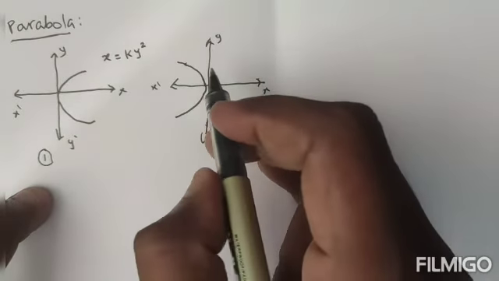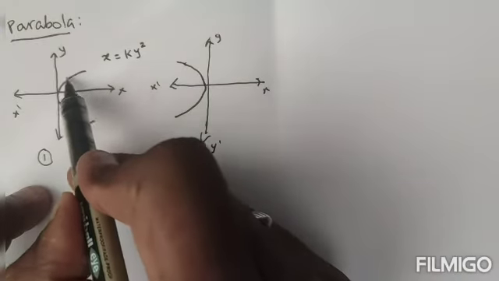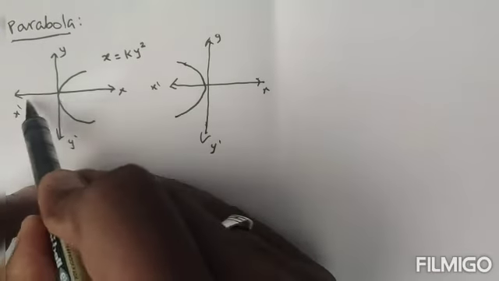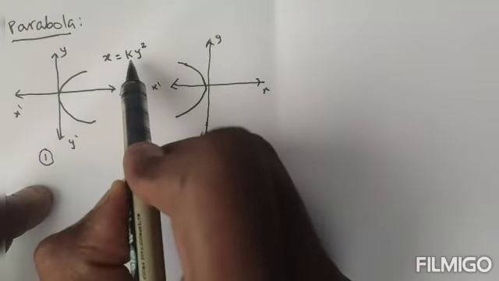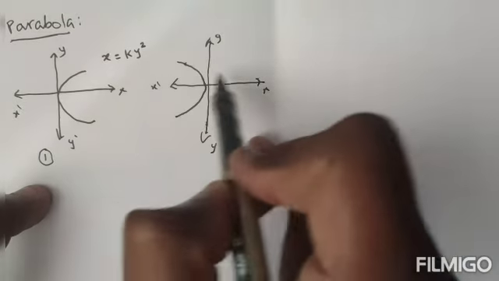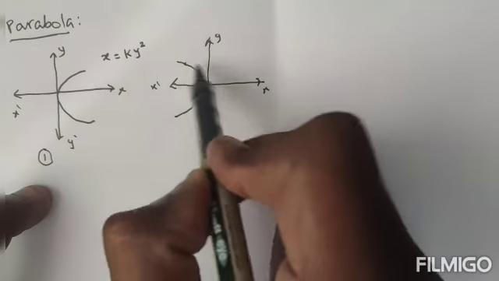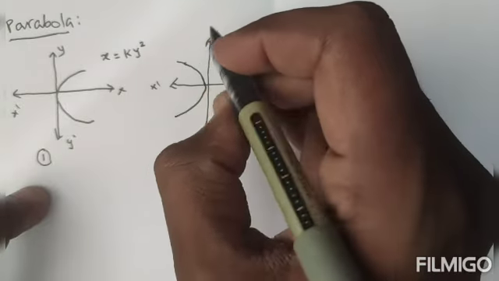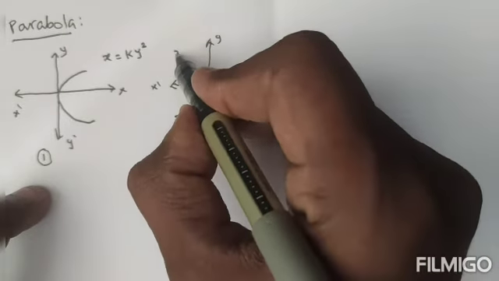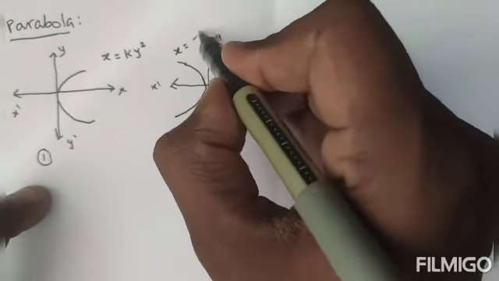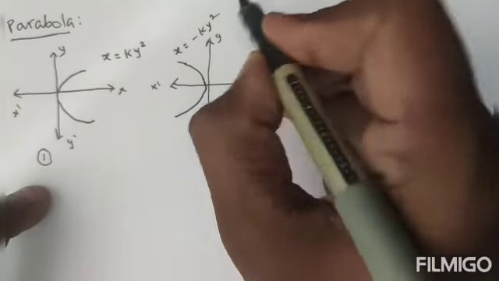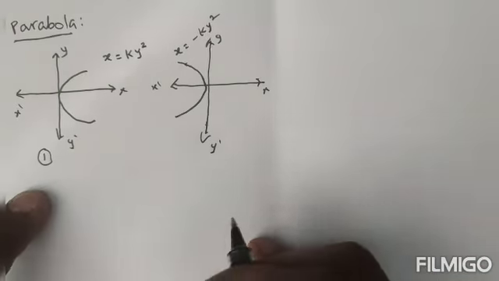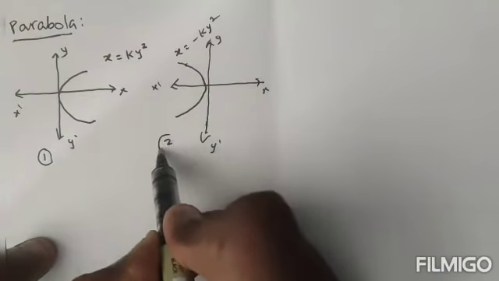This equation is also a curvature along the x-axis. Here also based on the x-axis, but x dash, so it is negative, so we can write x is equal to minus ky square. So this is the second diagram.